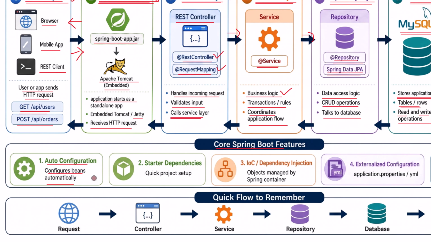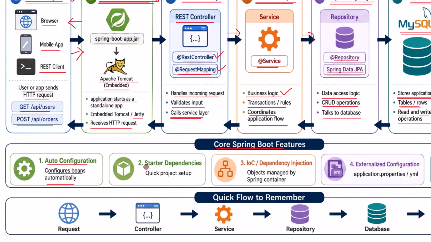When Spring Data JPA and a database driver are available, it can configure many database-related components using the provided properties. Auto configuration reduces the amount of manual configuration developers need to write. However, it does not prevent customization. We can override the default configuration whenever the application requires different behavior.